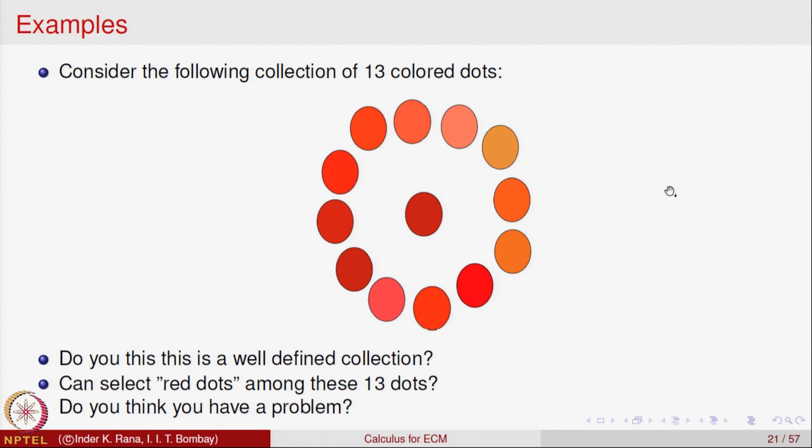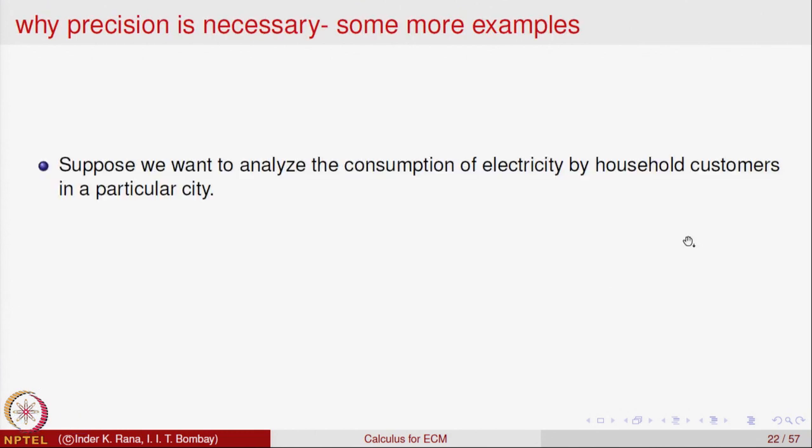Among these 13 dots, how many are seen as red depends on what the person conceives red to be. So, the word red is not defined, and it is difficult to find the number of red dots. This is what not well defined means. This is what is called precision.